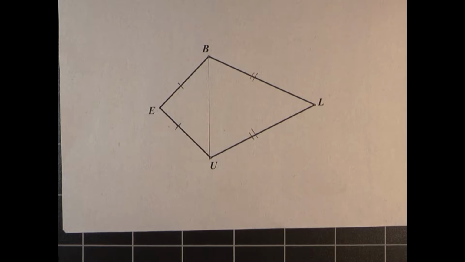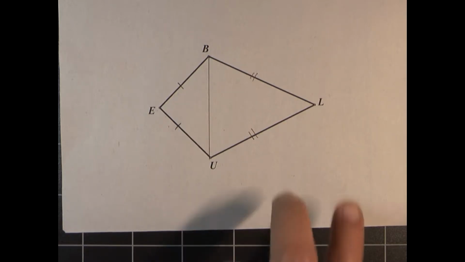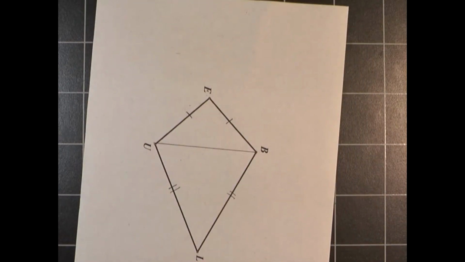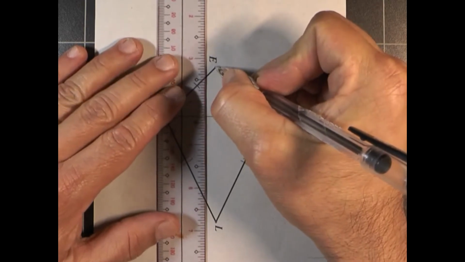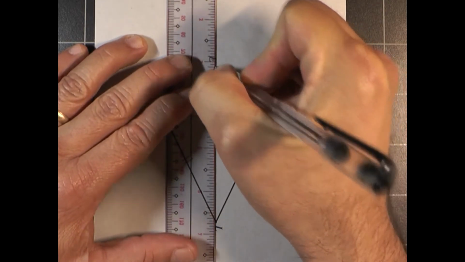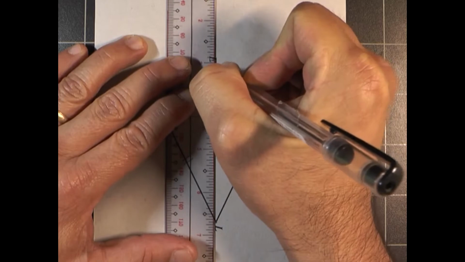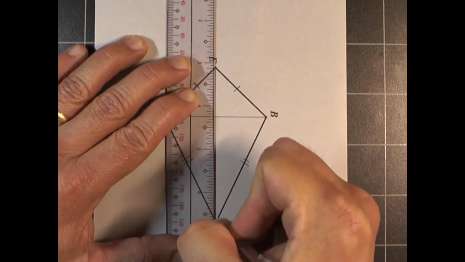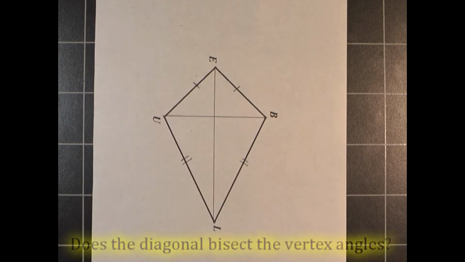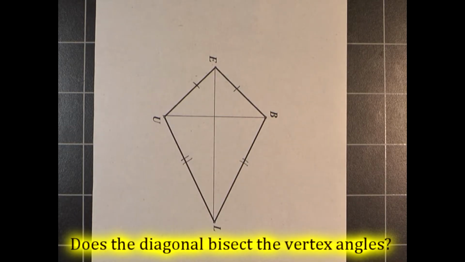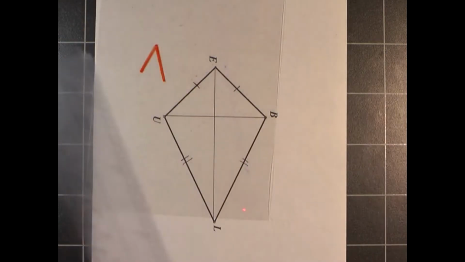Let us look at the other diagonal connecting the two vertex angles, and that means we're going to draw the diagonal EL. Does the diagonal EL bisect the vertex angles? Let's check.